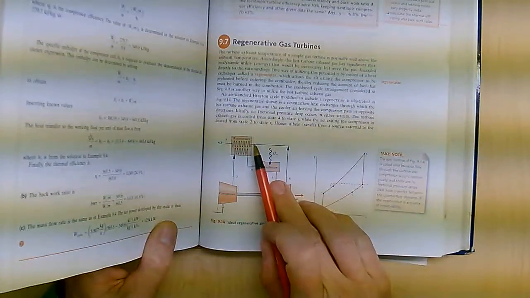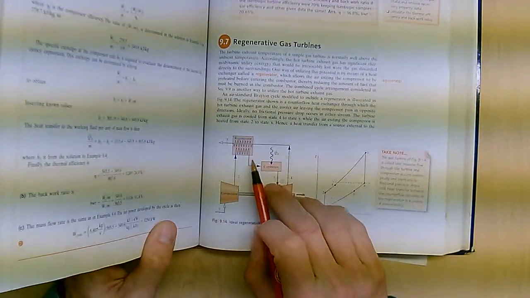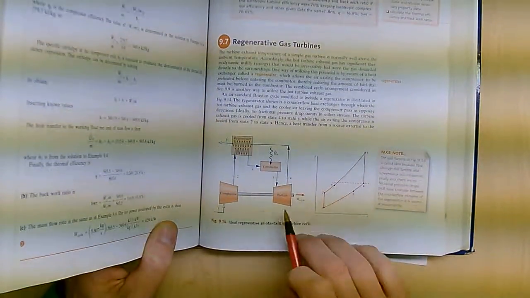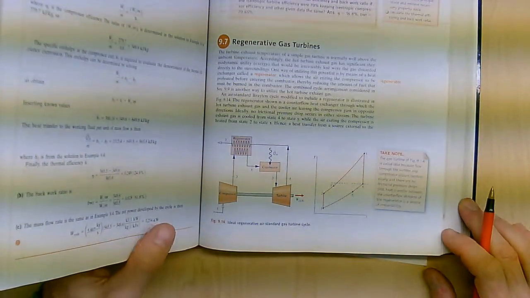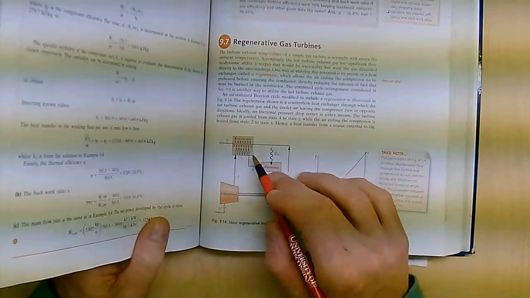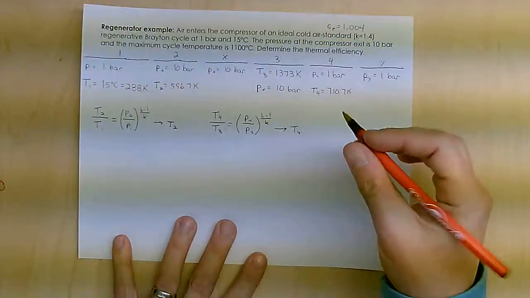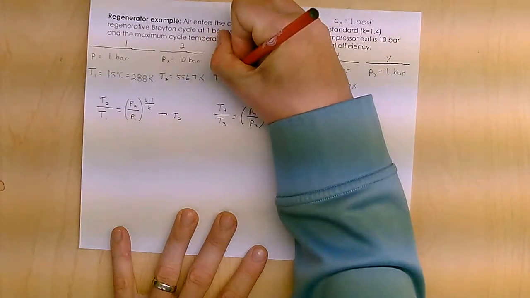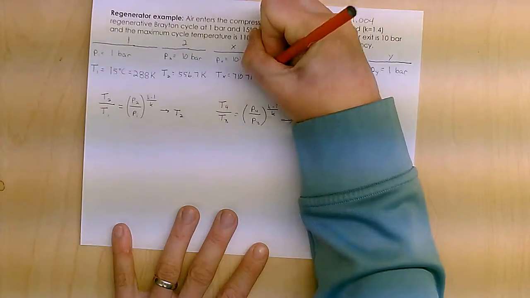In an ideal case, which is what I have here, I have this ideal regenerator. The temperature here is the same as the temperature here, right? Basically, I bring that temperature all the way up to the exhaust temperature, saying that T4 is the same thing as Tx. And that's for an ideal regenerator, which is what I have here. So what I know then is that Tx equals 710.7 K as well.